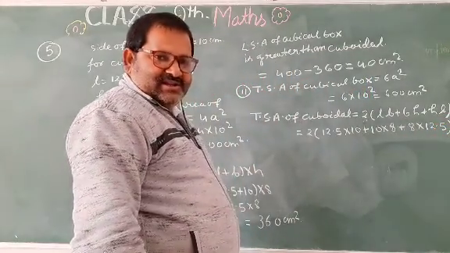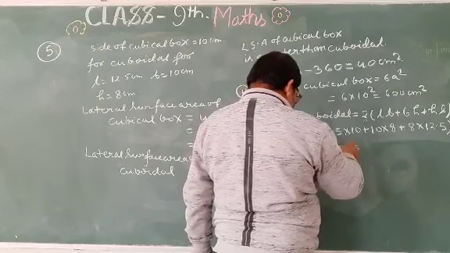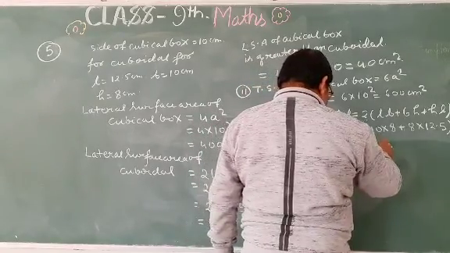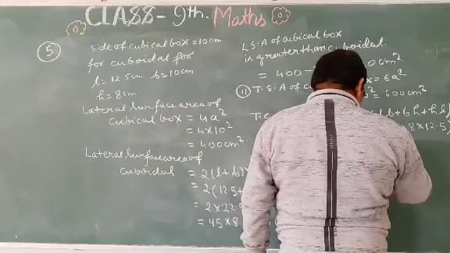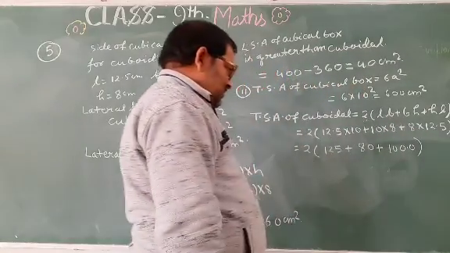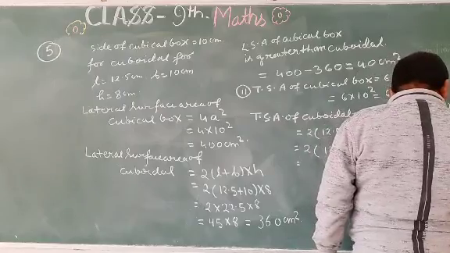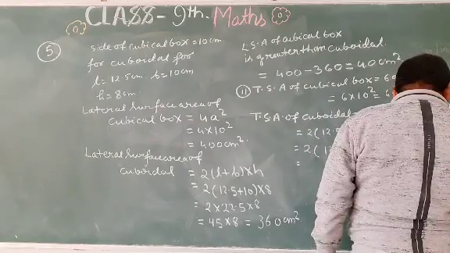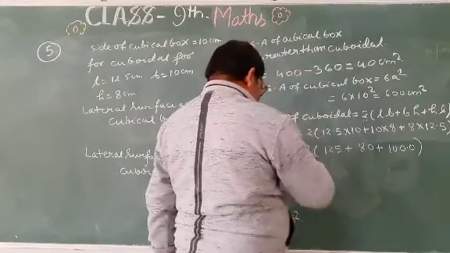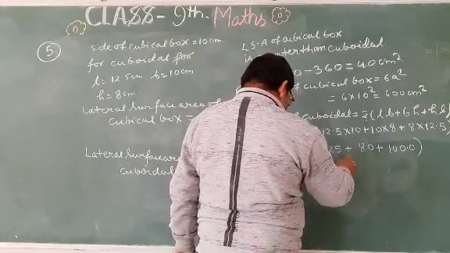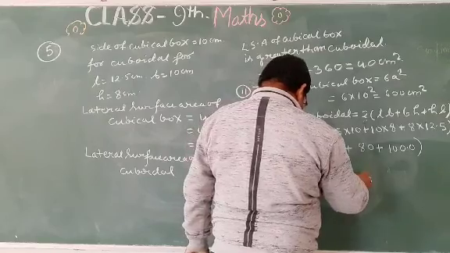Now we multiply and add this. So 2 into (125 plus 80 plus 100), which is 2 into 305, equal to 610 centimeter square.